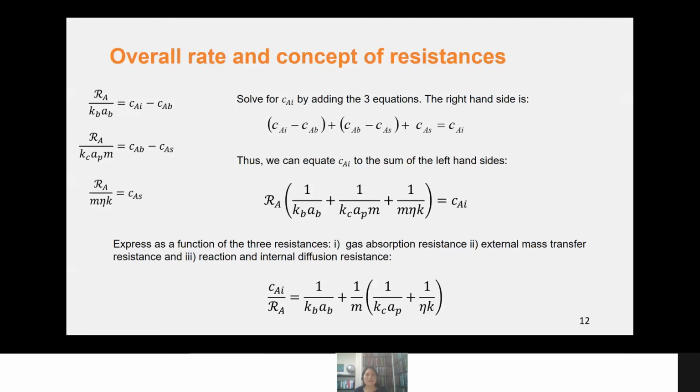Last week we considered how external diffusion affects the overall rate of reaction in two-phase catalytic processes.